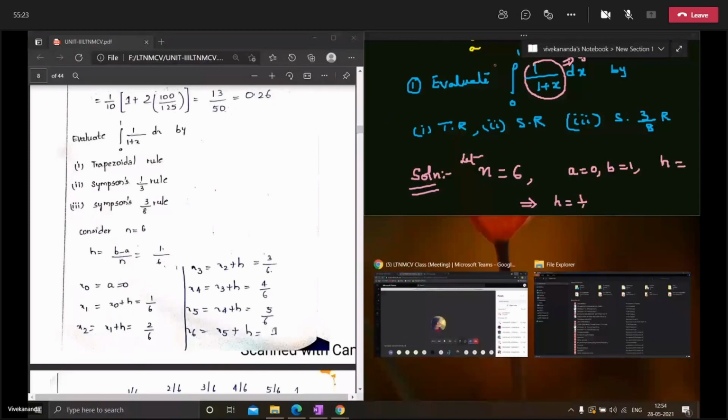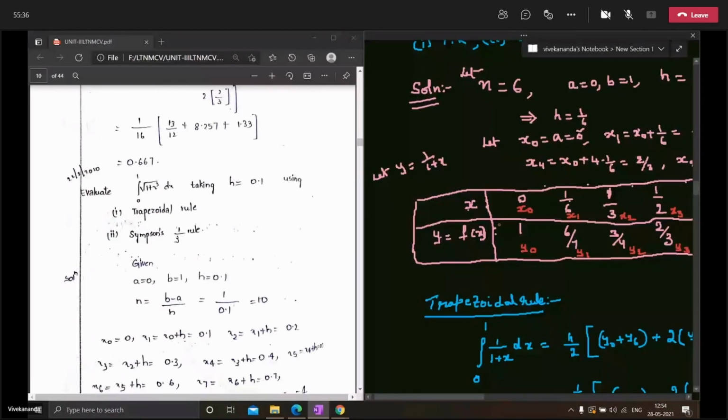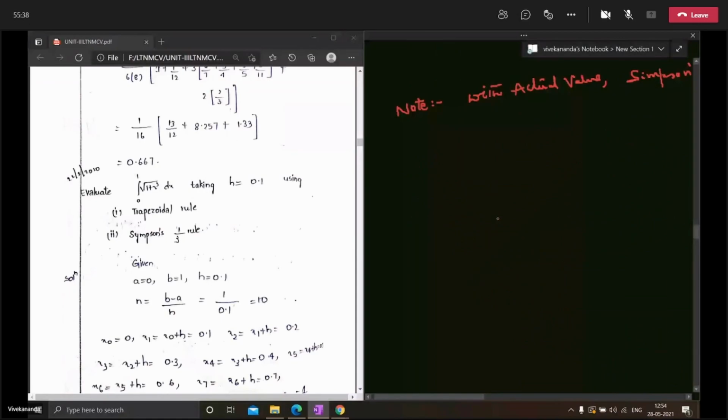So this is one model, and another one I will just give to you to try. See here, they have provided the step length for this question. So here the integration from 0 to 1, root of 1 plus x cube, where h is 0.1, the step length they provided. Then n, the number of subintervals, equals b minus a by h.